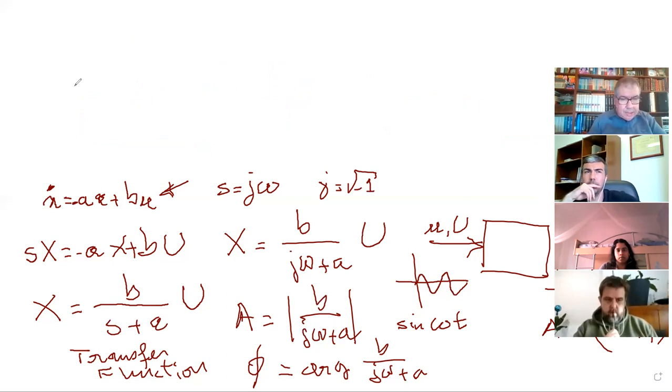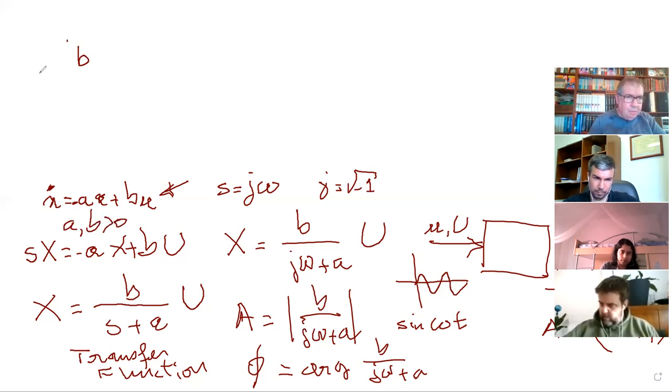So in this case, what is the gain? The gain is the modulus of B. Let's assume that A and B are positive, okay? So the modulus of B is B, divided by, what is the modulus of j omega plus A? Square root of omega square plus A square.